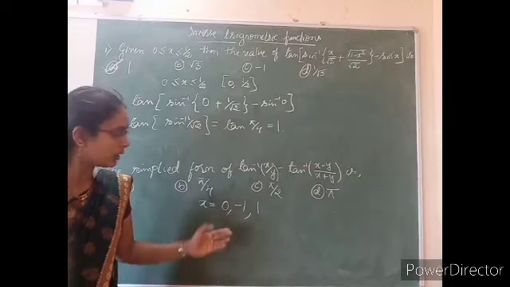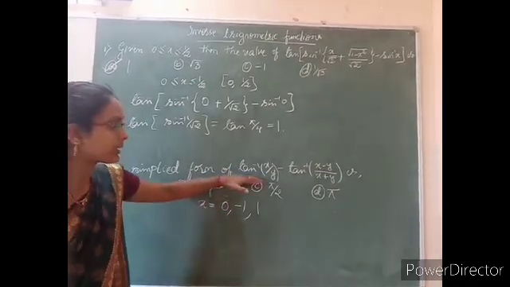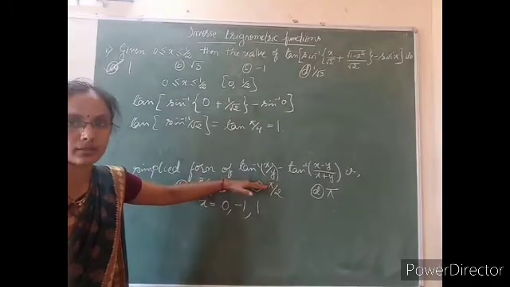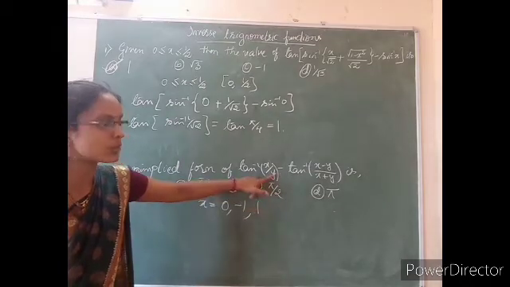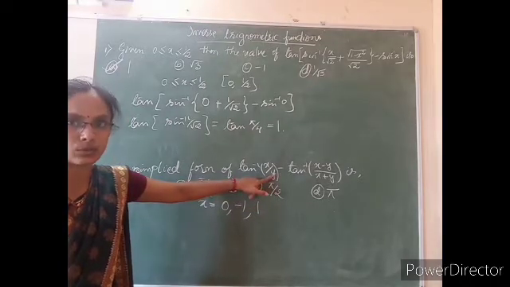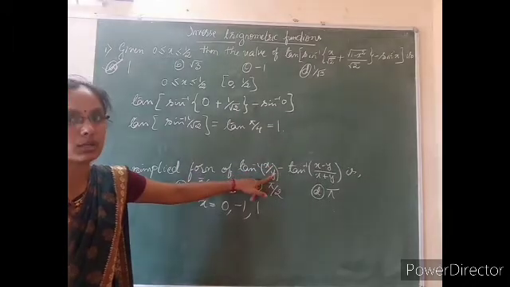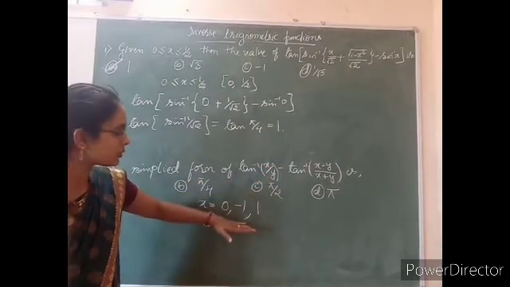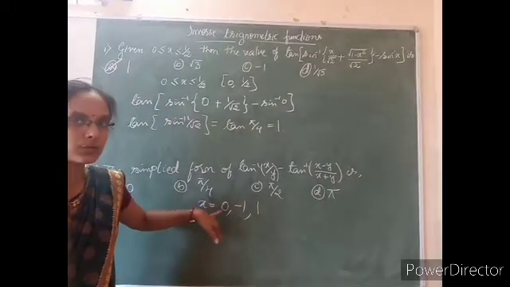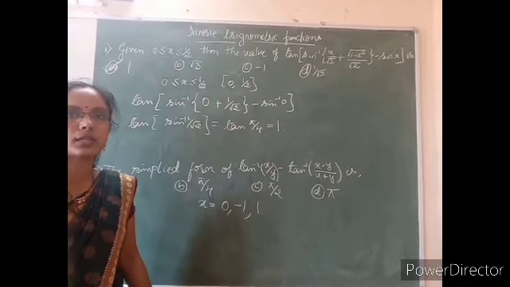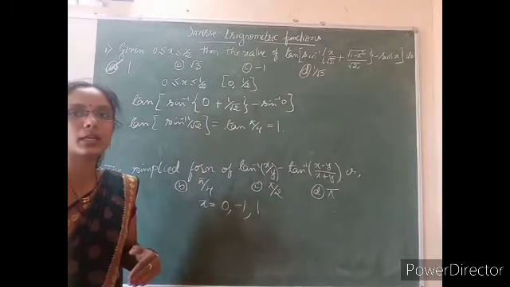You have to choose the values of x and y such that the given expression is defined. You cannot choose y equal to 0, because x by y, any number divided by 0, is not defined. So choose values such that the given expression is defined.